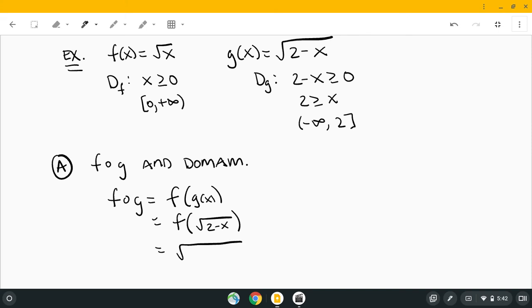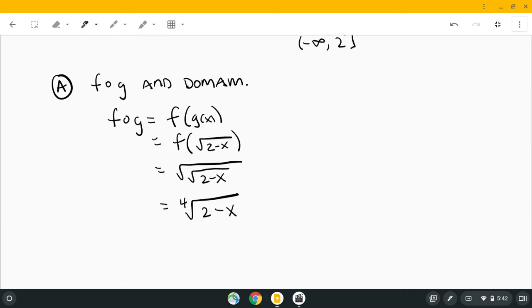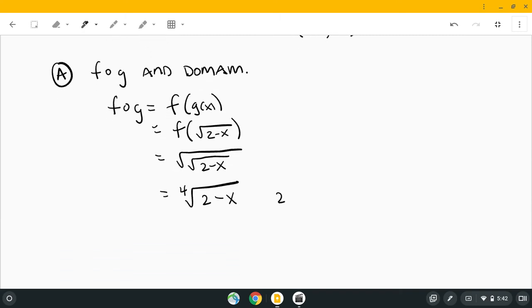So square root of the square root of 2 minus x. And this here is the same thing as saying the fourth root of 2 minus x. And we do have a restriction here. We do know that 2 minus x needs to be greater than or equal to 0. So 2 has to be greater than or equal to x.